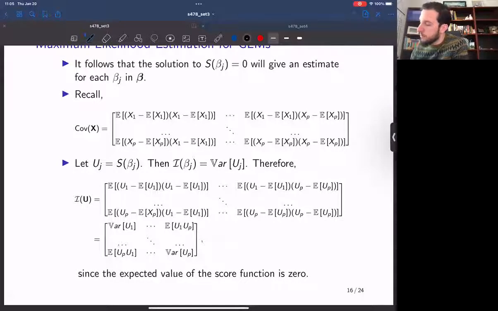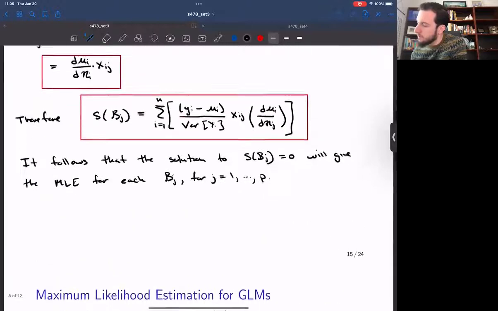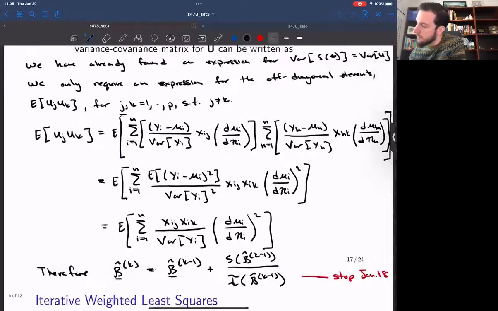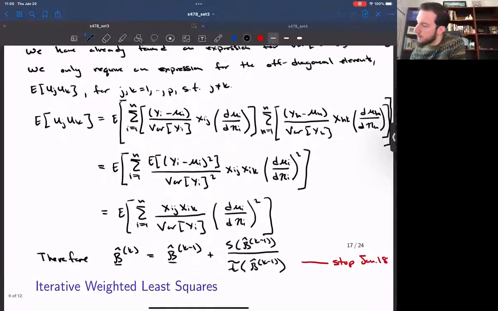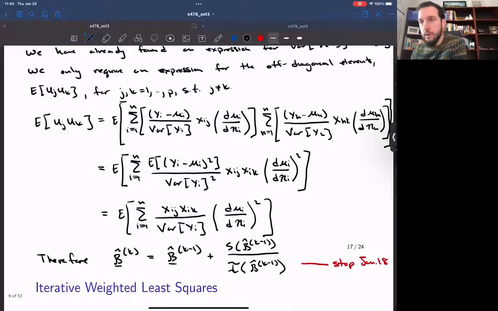So we were able to derive an expression for the diagonal because we already worked out what the variance of the score function is equal to. And then what we did is work out what the off-diagonal elements are going to look like, which is what we have on slide 18.